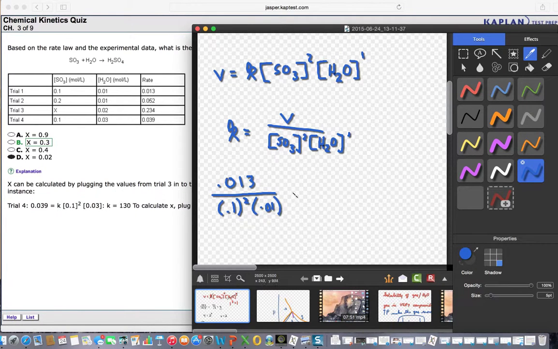That has to have the same value of K that we would have in trial 3, which is where I have my X variable. That's equal to 0.234 divided by X squared times 0.02.